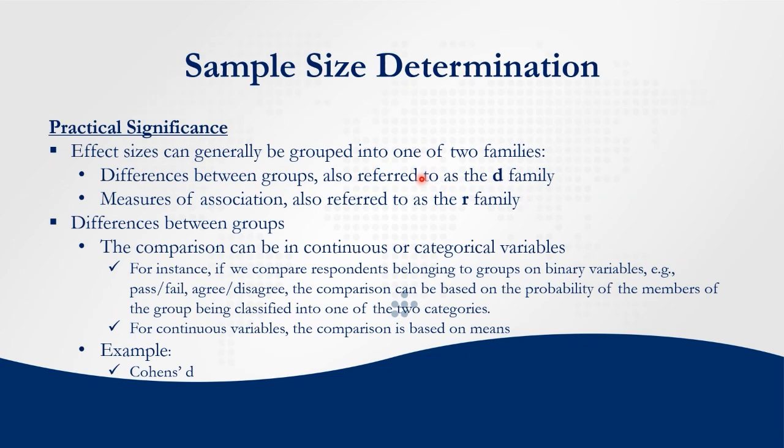And even with categorical data, we can be comparing pass, fail for different groups of students. So it's not only for continuous. When we say groups, it can be things that are measured numerically or measured categorically.